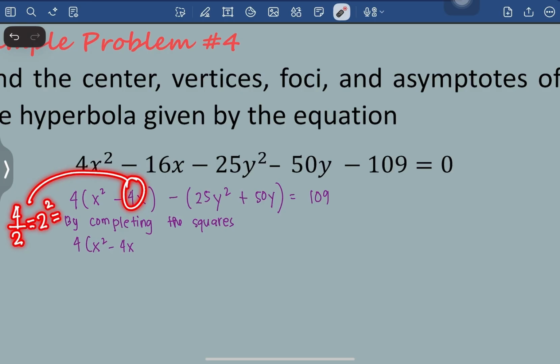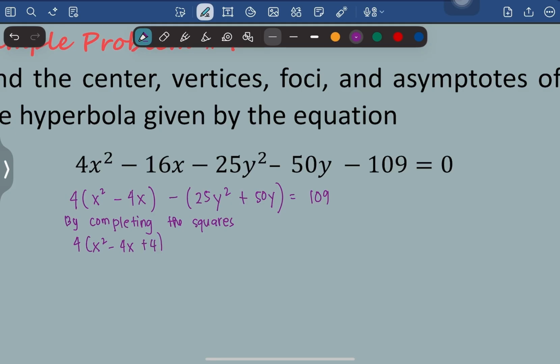Then squared of 2 is 4. Mag-add ka ng 4, minus, then ito is ifa-factor din natin to. So 25 y squared. So, nakalimutan natin i-factor pala to. So, factor na natin to.